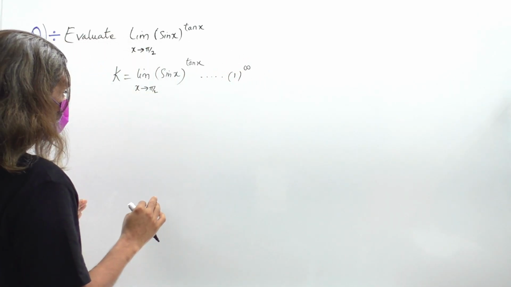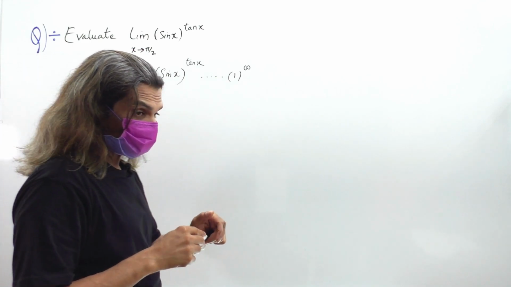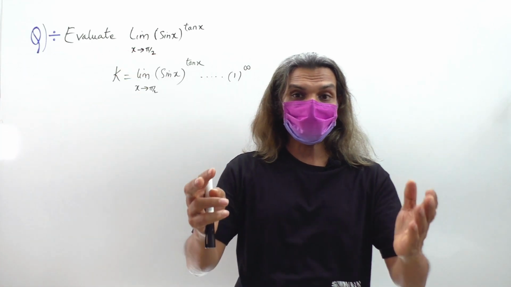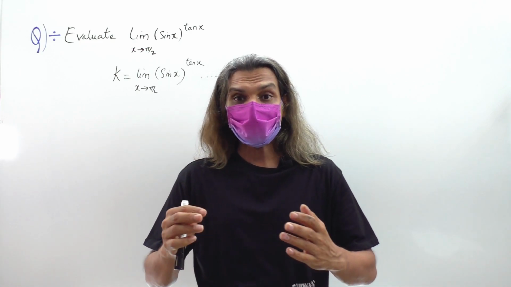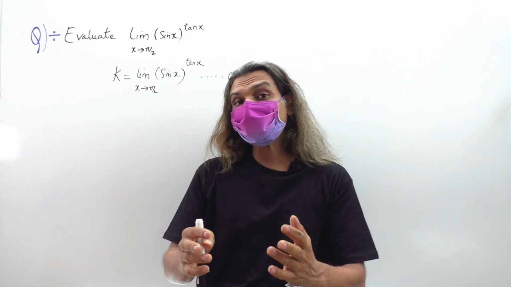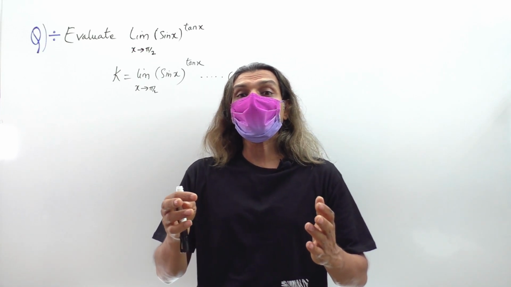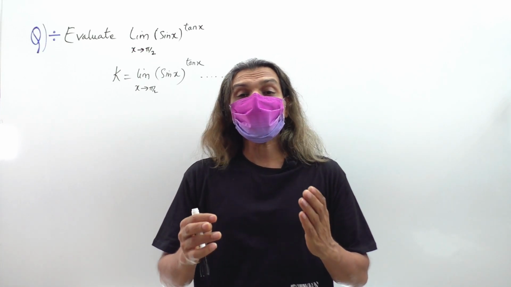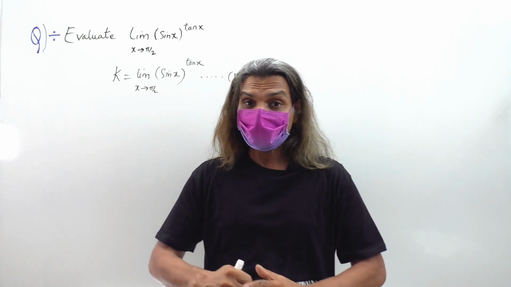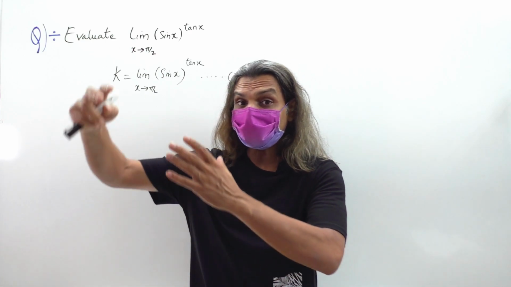Now what to do? As we discussed in the first video also, while I was giving the introduction of L'Hopital's rule, in solving such problems of the form 0 to 0, infinity to infinity or 1 to infinity, we have to apply the logarithmic transformation, because log has the power to bring anything down.